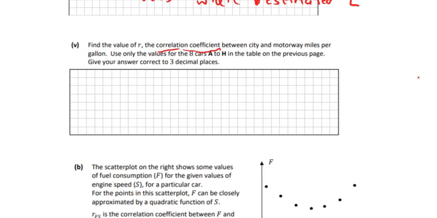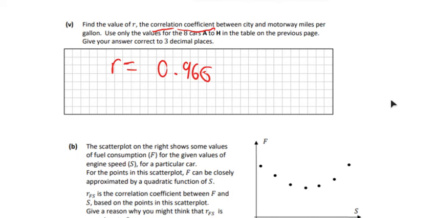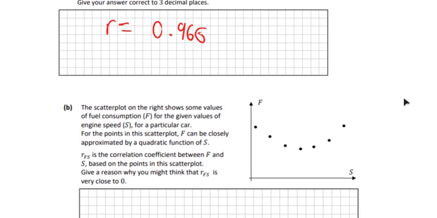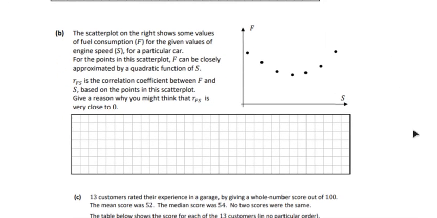It's all calculator work here. You should get 0.966 when you round it off. They wanted it rounded off to 3 decimal places. So that's all of part A. There's 5 little bits in that.